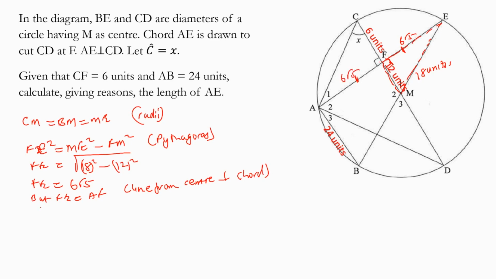Therefore AE is equal to 2 times 6 root 5, meaning that this is 12 root 5, which is equal to 26,83 units.